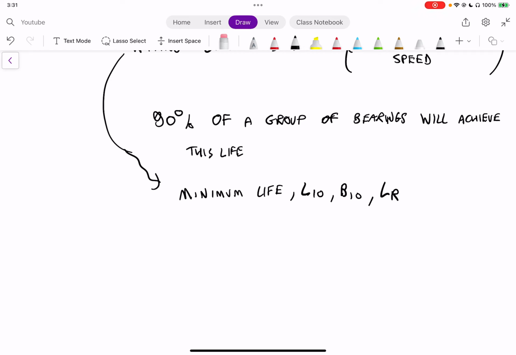So we can say that typically, and as an arbitrary point, the ABMA association says that the rating life of a bearing can be defined as L sub R is equal to 10 to the 6 revolutions.